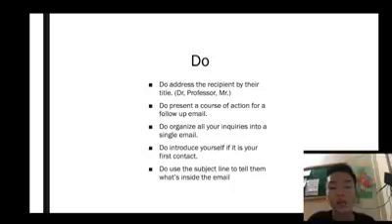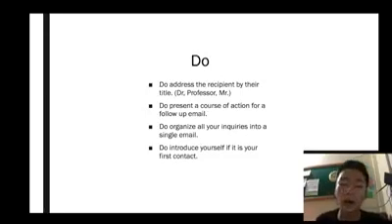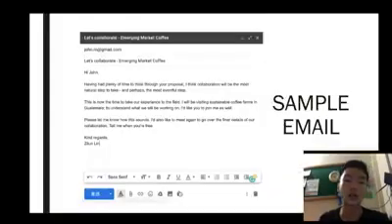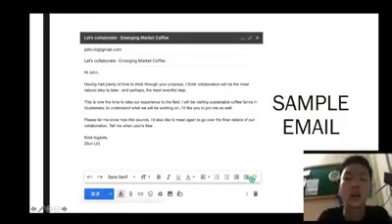And also, to make the subject line engaging, do use the subject line to tell them what's inside the email. For example, if you go to the subject line, you can see how "let's collaborate" is the hook, but then "emerging market coffee" tells them a bit what's inside the email. Or you can also write "50% discount coupon included."